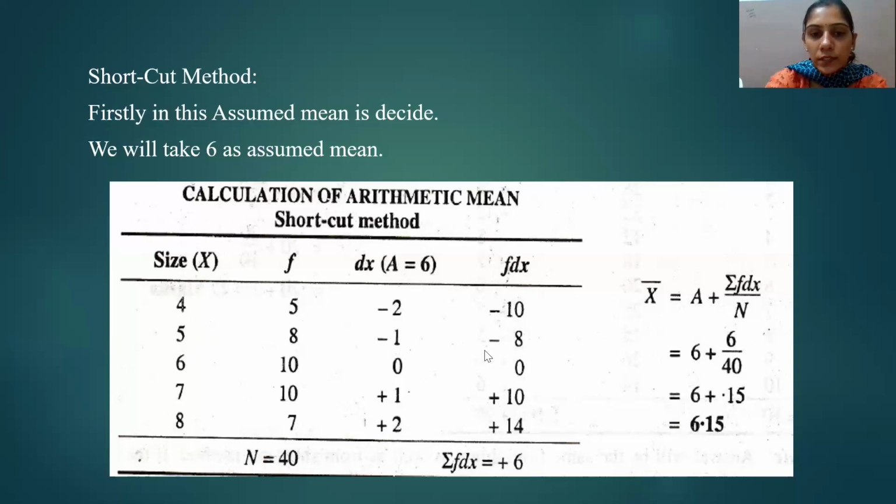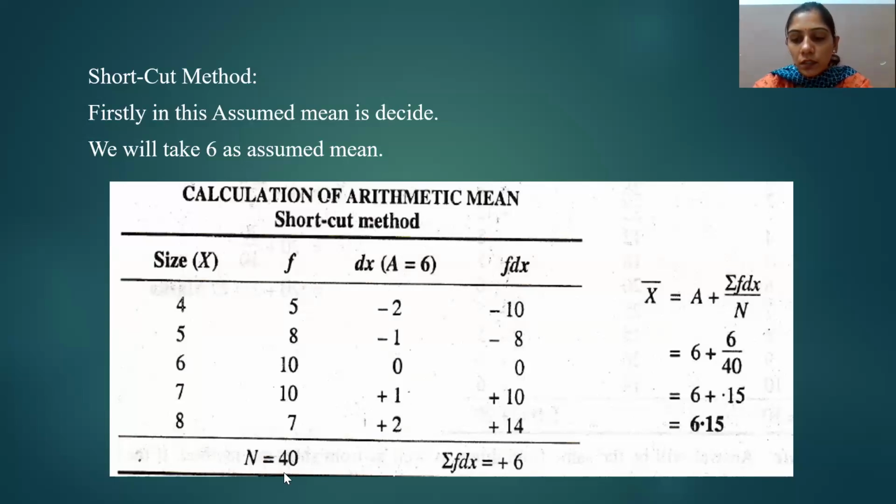So 5 minus 6 is minus 1, 6 minus 6 is 0, 7 minus 6 is plus 1, 8 minus 6 is plus 2. This is how we calculate the value of dx, in which we subtract the assumed mean from x.